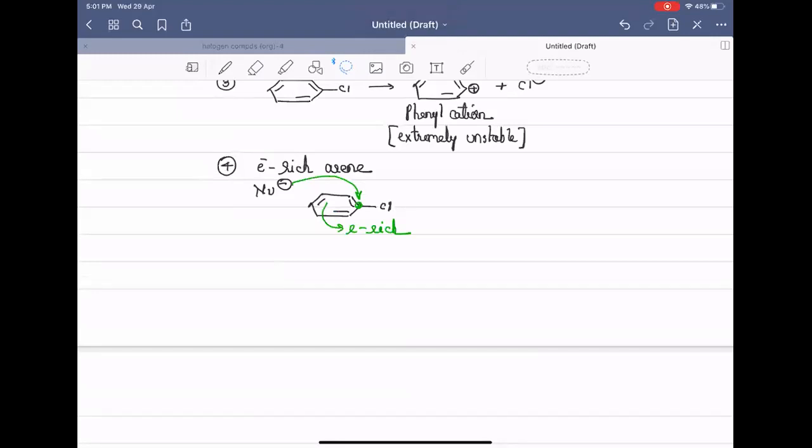It would be very difficult for the nucleophile to do that because the nucleophile itself is rich in electrons. The ring is also rich in electrons. They too would repel each other, and hence the nucleophile would find it extremely difficult to move over the ring and reach this carbon. Okay, so these are the 4 reasons, right?